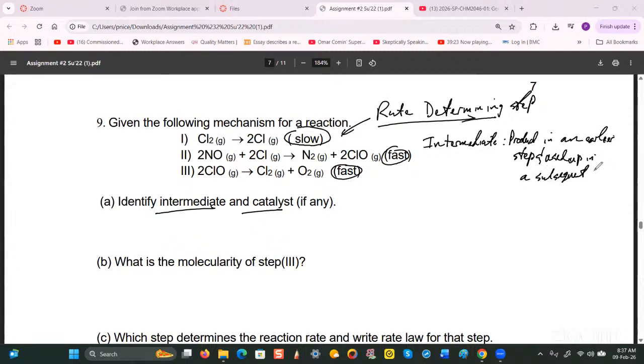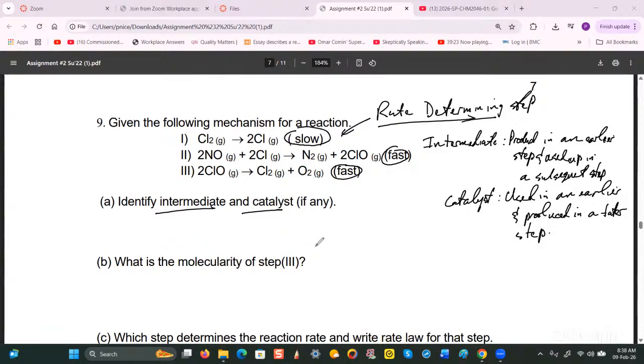All right? So that's the intermediate. Now the catalyst is used in an earlier step and produced in a later step. All right, so that's the difference between an intermediate and a catalyst.